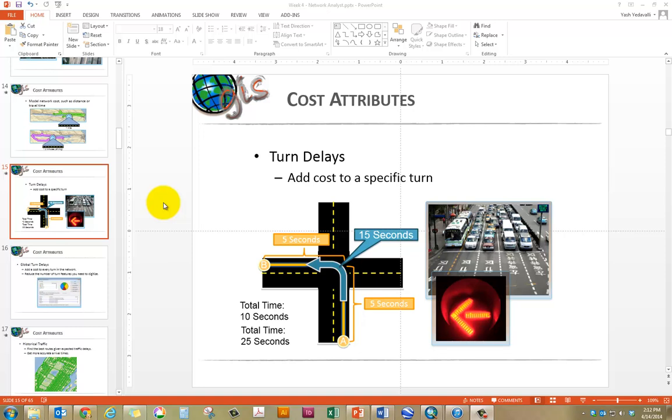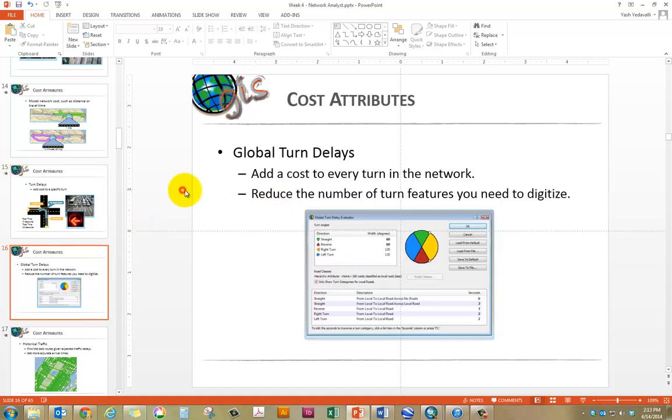So these cost attributes are calculated based on turn delays. What happens when you have to turn from a smaller road onto a main road? It takes longer, about 15 seconds to make the turn because of the traffic, the angles and all that. So you let the system handle these cost attributes by modeling them while you are creating the network.